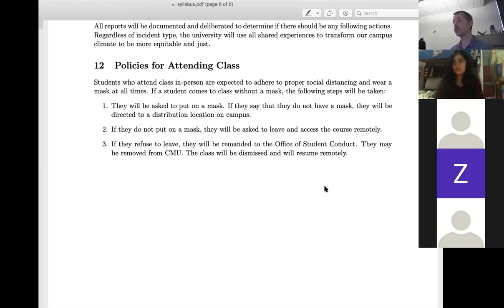So the quizzes will be mostly multiple choice, although there'll be some that are formulas or short answers. So you should expect a variety of different things. Let's see, what else? Any other questions about the syllabus or the course?